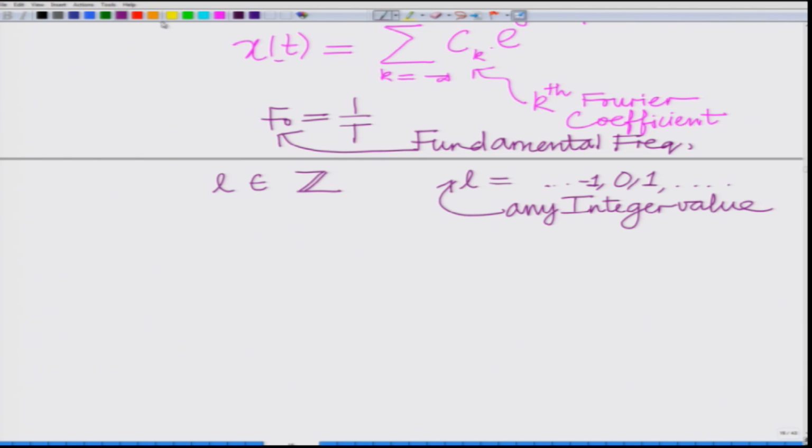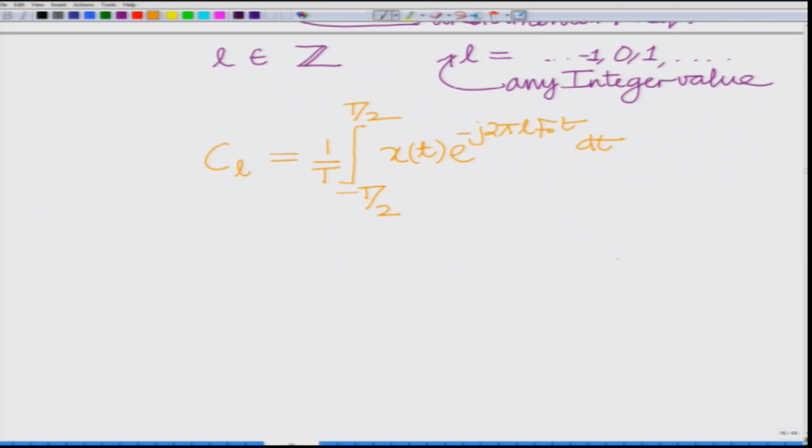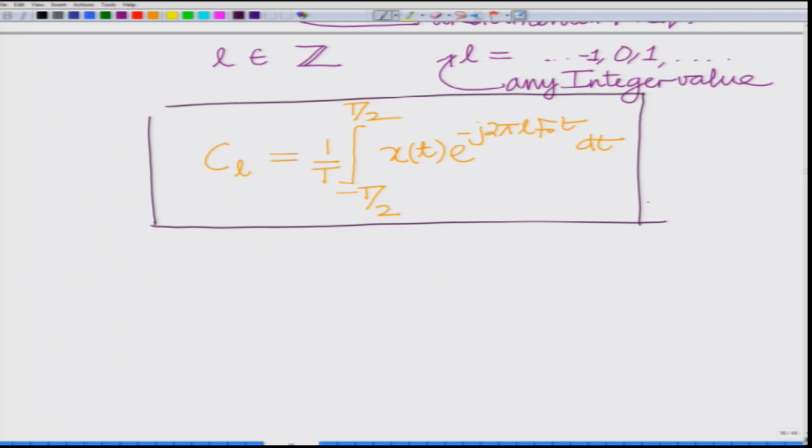L can take on any integer value, and this coefficient C_L is given by this integral from minus T over 2 to T over 2 of 1 over T x(t) e to the power of minus j 2 pi L f naught t dt. This is the relation we have derived for the Lth coefficient of the Fourier series.